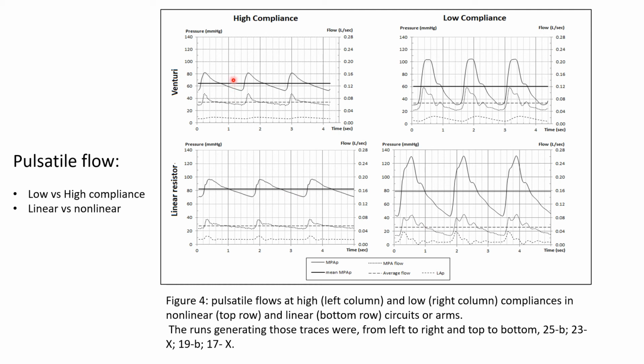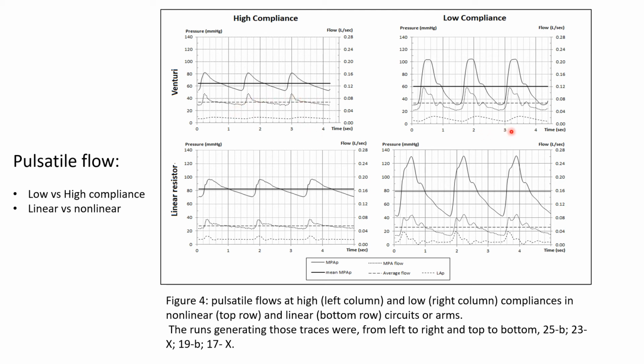Now, on the Venturi, which is a pretty kinetic energy type of flow, if I use a lot of compliance, then I can emulate even normal curves, despite the fact that the flow is kind of kinetic energy. But I have a lot of flow during systole and diastole here, right?